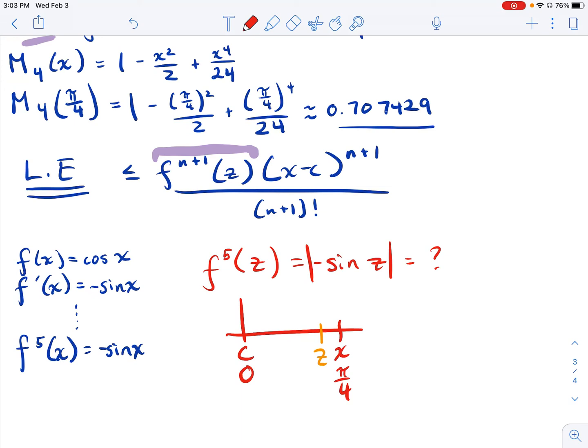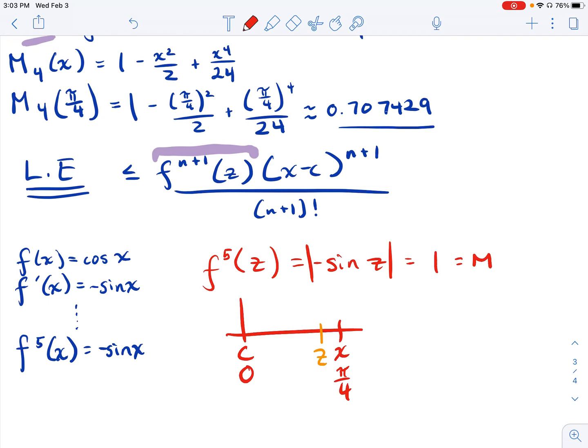Instead, just ask yourself, for the sake of this problem, what is the largest possible output for the absolute value of negative sine z? Well, it's 1. We know that the range of sine is 1. So this is the largest possible value that M could be.